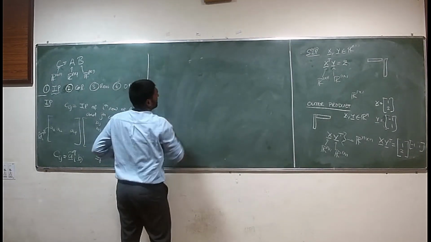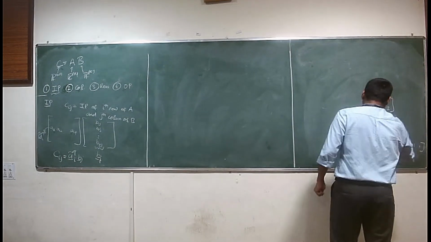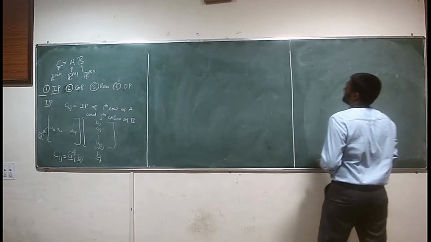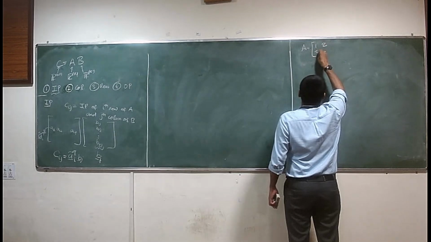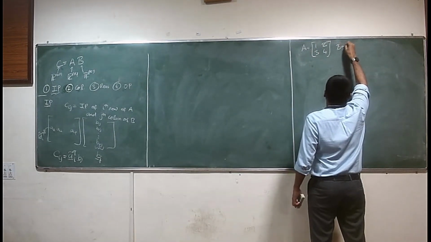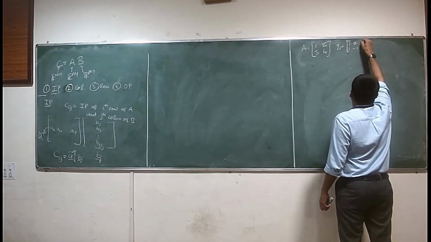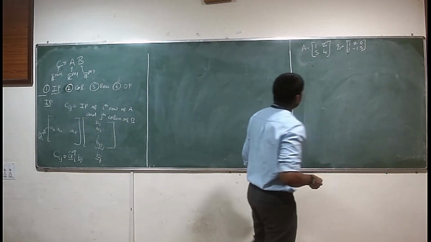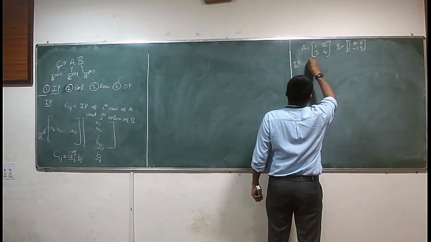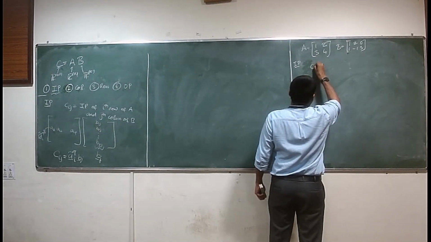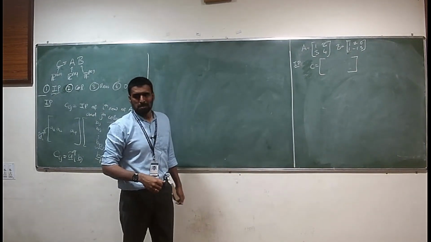We'll reserve this for an example. If you multiply these two, what do you get for C? What will be the size of C? 2 cross 3.